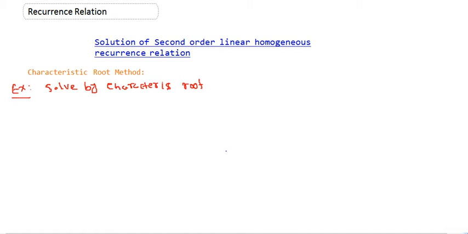So solve by the characteristic root method the following equation.